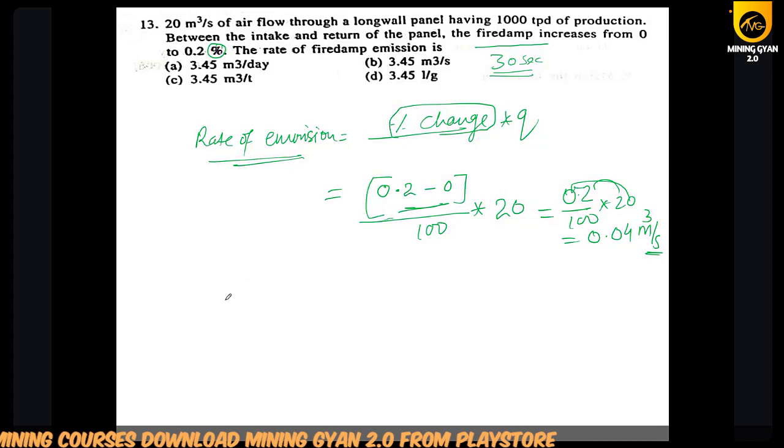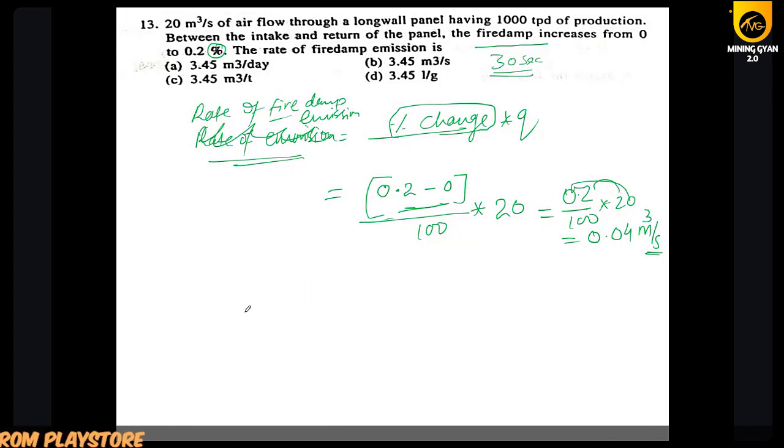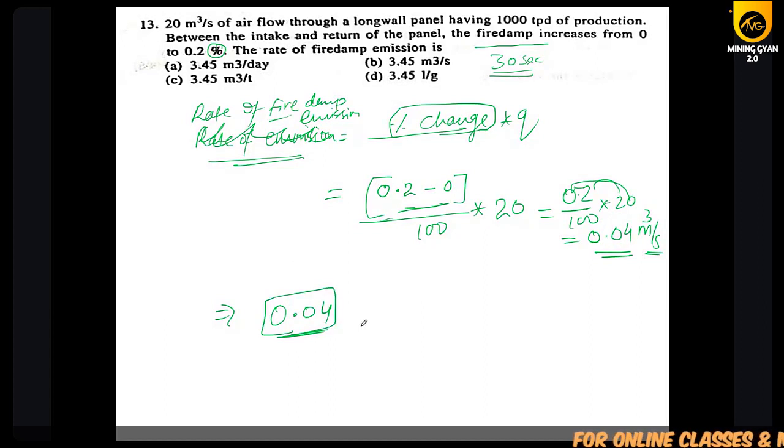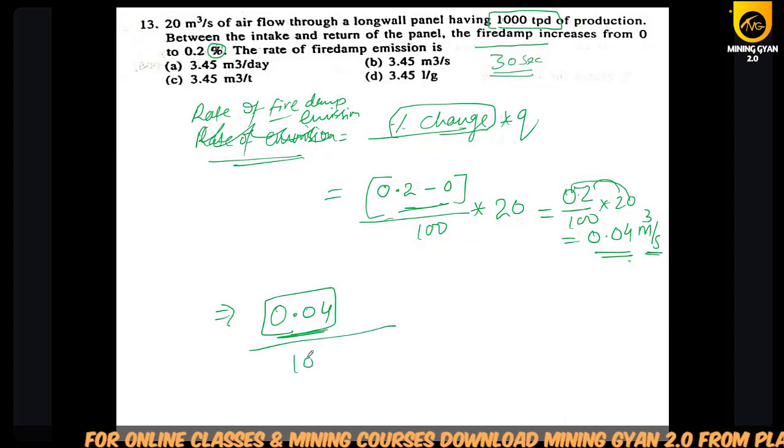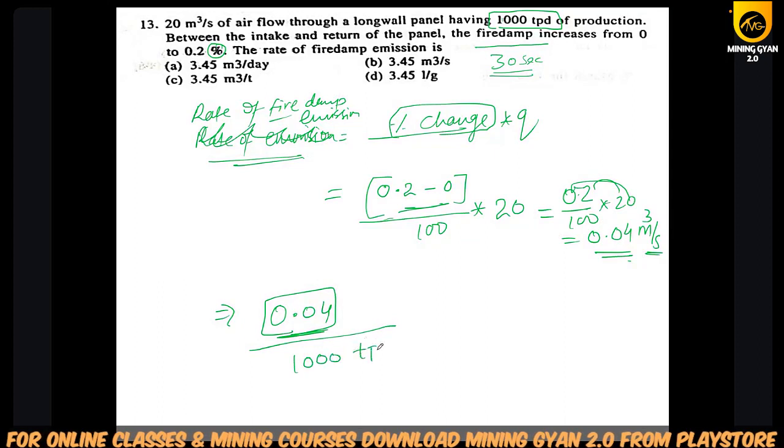Now to find the rate of fire damp emission, what will you do? You have 0.04 meter cube per second. You have to convert it into meter cube per ton. Because this is meter cube per second, you divide by the production, 1000 ton per day.